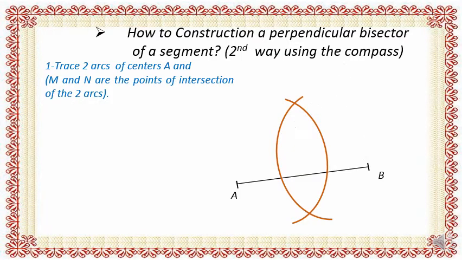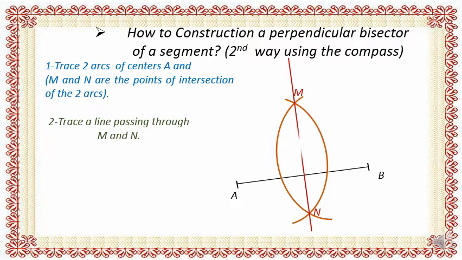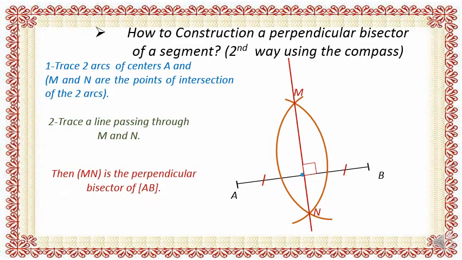The two arcs will intersect in 2 points, M and N. So we want now to trace a line passing through the 2 points which are M and N. This line is line D. It's perpendicular to AB and passing through the midpoint of AB. This line, which is MN, is the perpendicular bisector of AB.